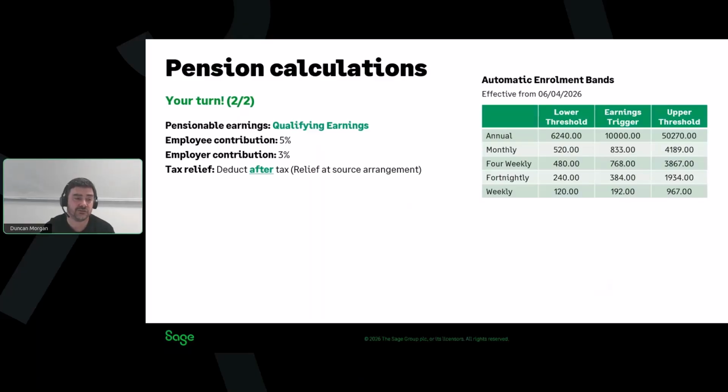So it's a relief at source arrangement. The employee's total gross pay this period is £640, made up of £540 basic plus £100 commission, and their pay frequency is weekly.